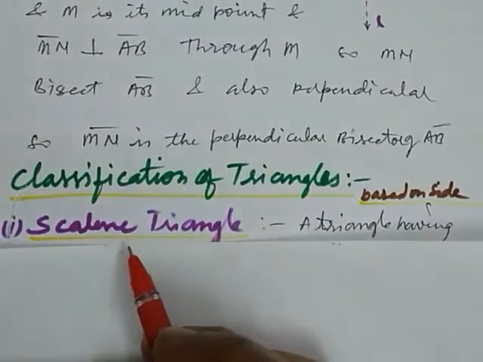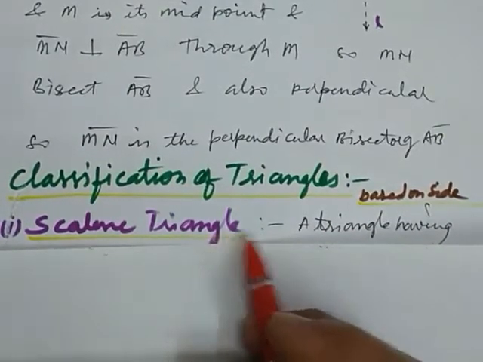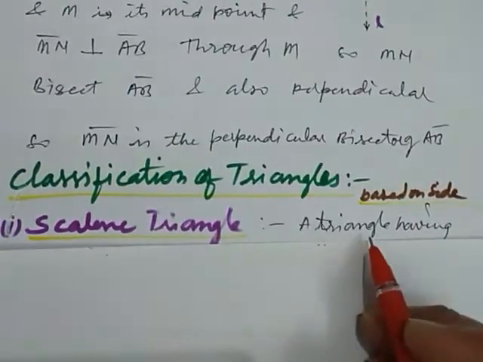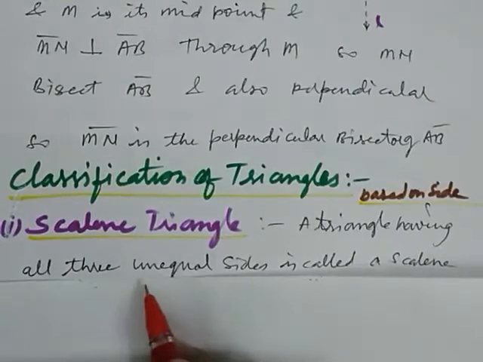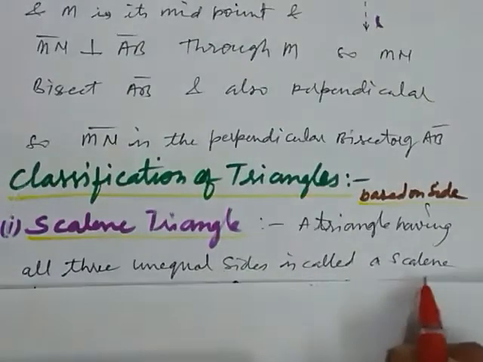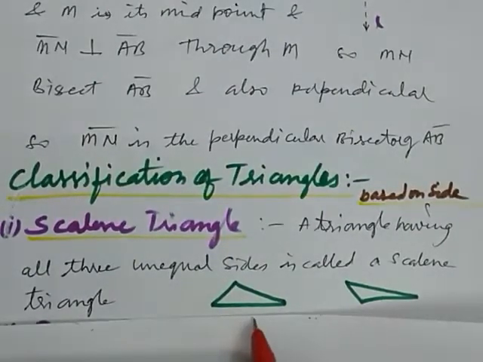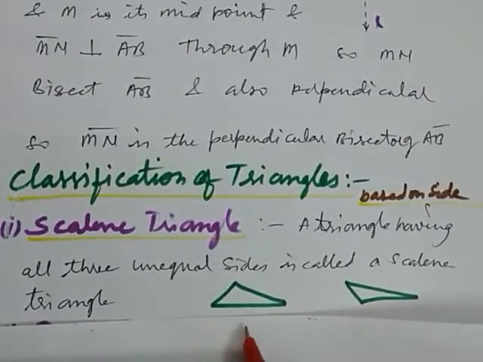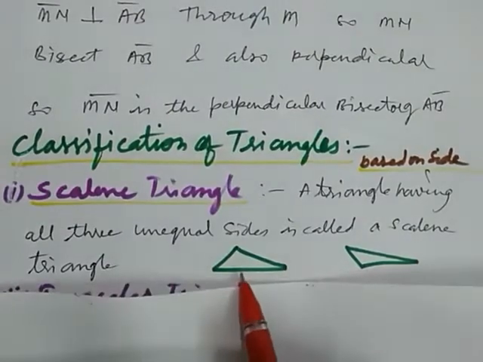Okay, the first type is the scalene triangle. A triangle having all 3 unequal sides is called a scalene triangle, like this. Here this is a triangle in which all 3 sides are unequal.